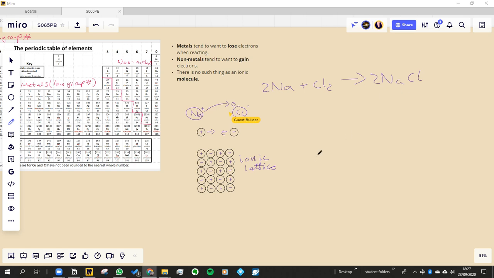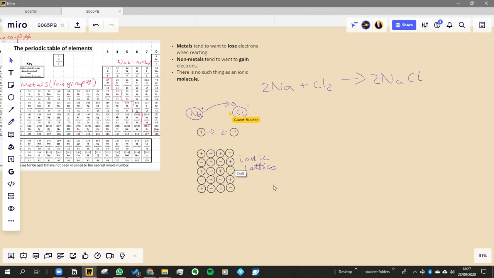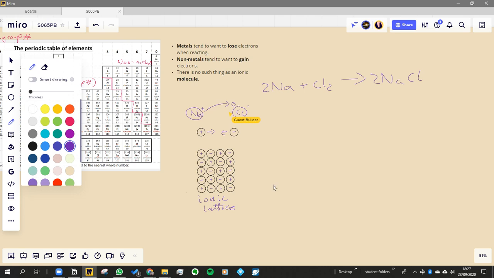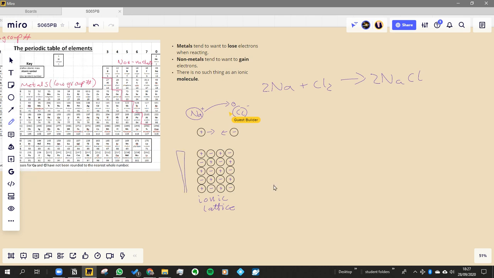Well, because ionic compounds are made up of positive and negative ions, in theory, we could. Let me just move this label out of the way for a moment. I'll put it underneath. Let's say that I made a strong positive charge on the left. So I made a big piece of metal.